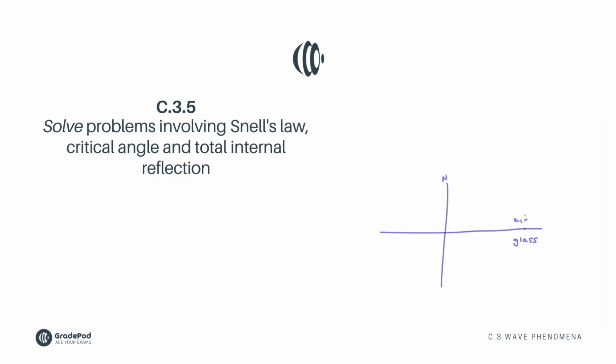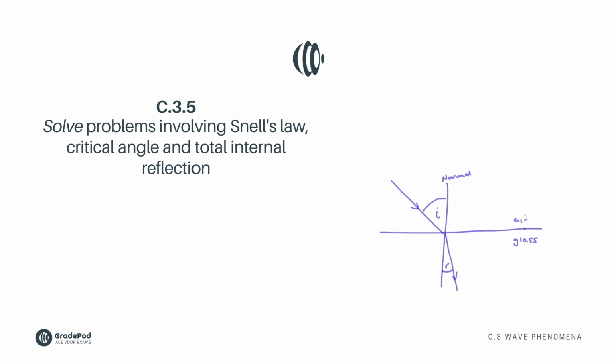I'm just drawing a normal line here. So for example, if light enters glass at a certain angle, and this angle is the angle of incidence, it changes speed, it slows down, and that causes it to bend like that.